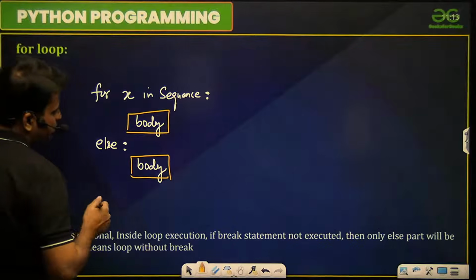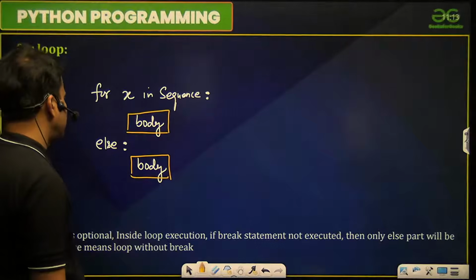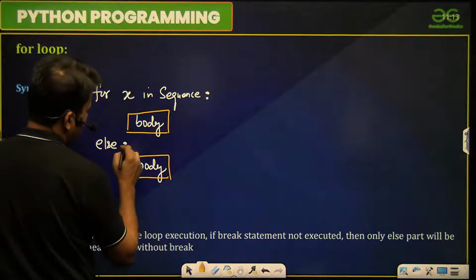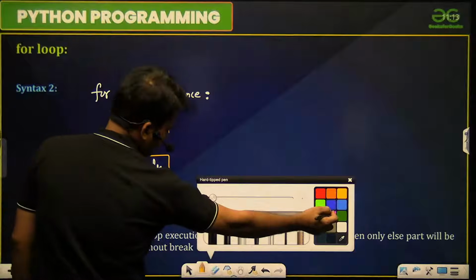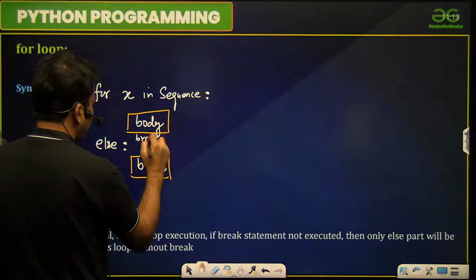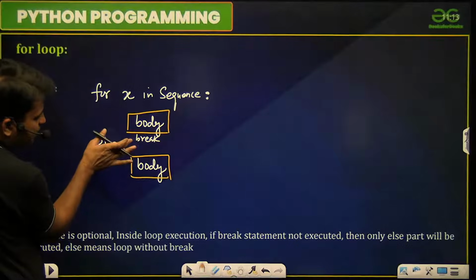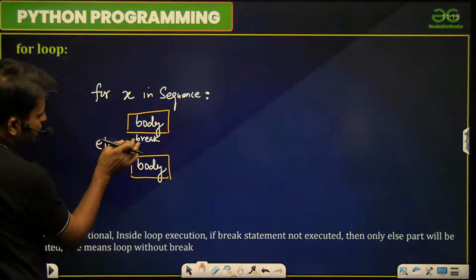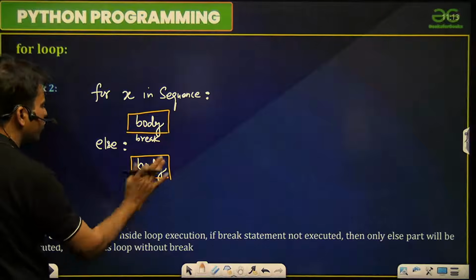My dear student, if there is a break keyword here, then the else part will not execute. Break means exit from this for loop. Else is a part of this for loop, student. If you get this break statement, you exit from the entire for loop.